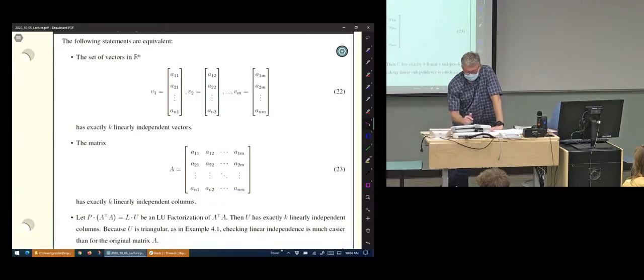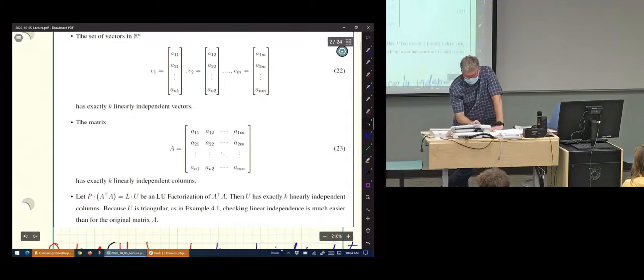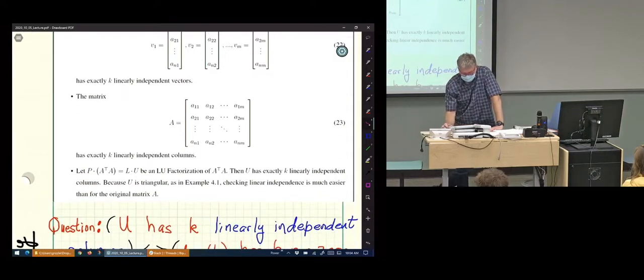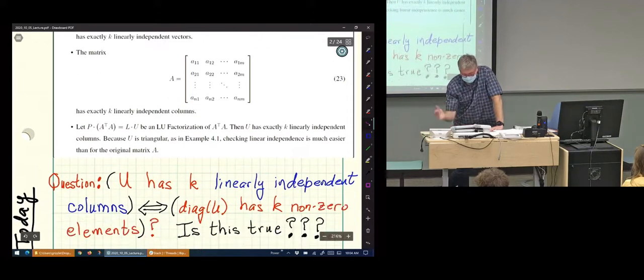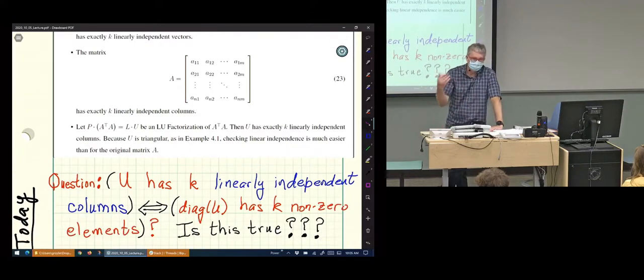So if this set V1 to Vm has k linearly independent vectors, then the columns of A has k linearly independent vectors. And the last thing we did for checking that was similar to our pro tip for doing linear independence. Similar, but not exactly the same.